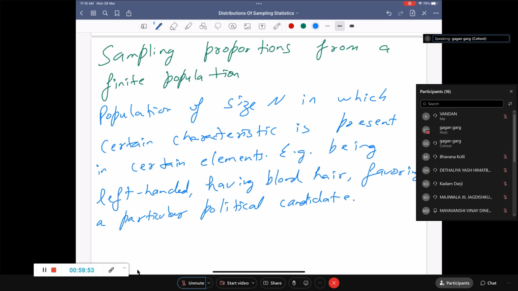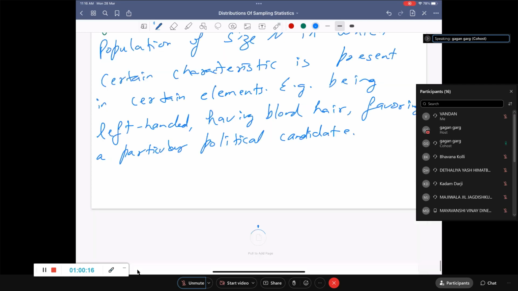Okay, so we're talking about a certain characteristic which is either present or absent. It's basically binary. Either it's there or it's not there. We're talking about those scenarios. So somebody being left-handed, somebody having a particular physical appearance, somebody having a particular preference for a brand of milk or a biscuit or something.